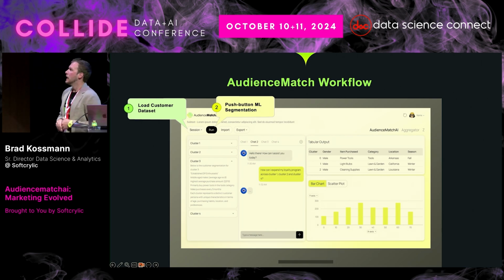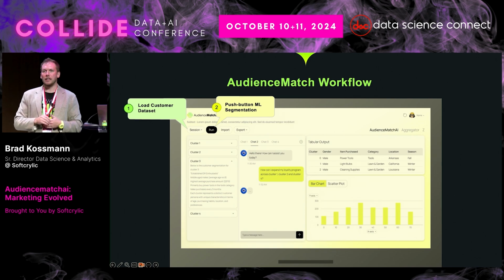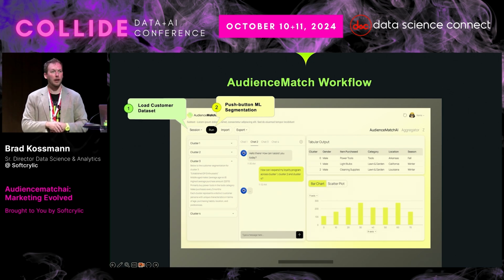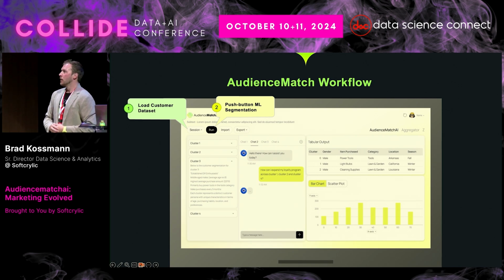Number two, push-button ML segmentation. We've developed a proprietary auto ML on the back end of this. You want data-driven audience segments. There are all kinds of traditional heuristic bases for forming audiences, but we like to let the data speak for itself. We prefer unsupervised learning for this so that we don't induce any of our own biases into the modeling.